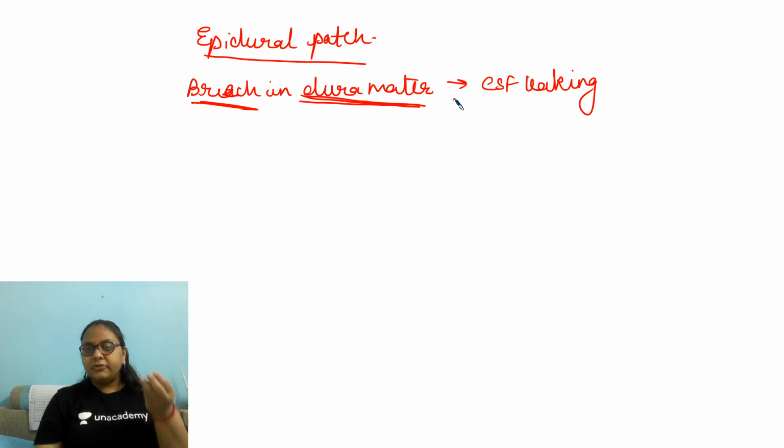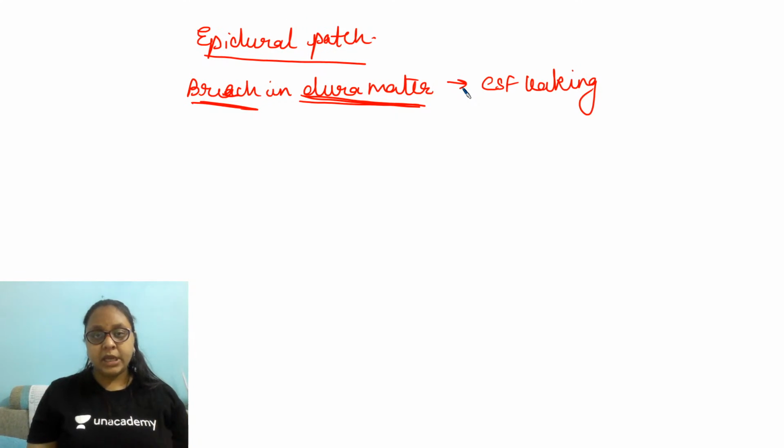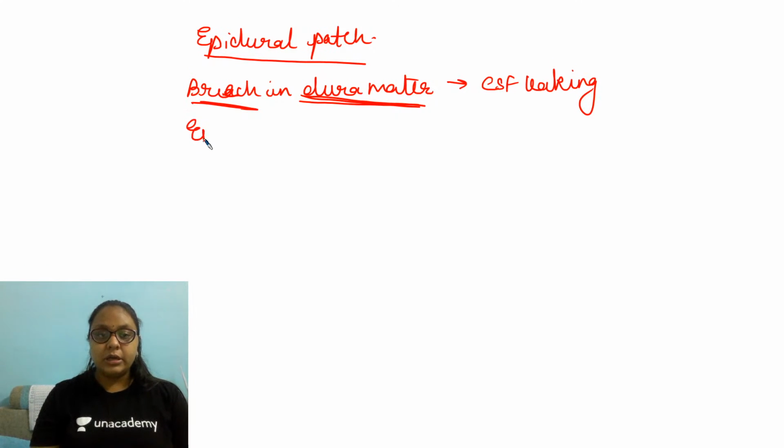Because of the leakage of the CSF, there is traction on the brain and the nearby tissue, and therefore we are getting the headache. First we gave IV fluids, which did not work. Second, we gave caffeine, NSAIDs, symptomatic treatment, which did not work. So what will be our last resort? The last resort is to give the epidural patch to the patient.